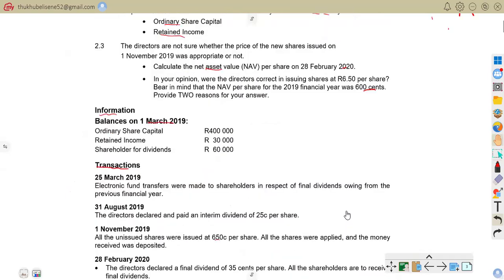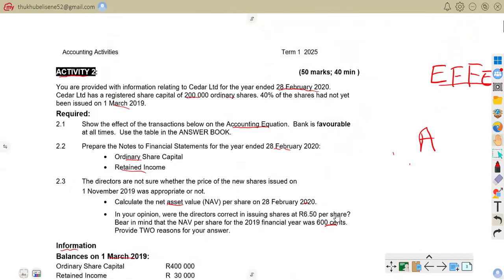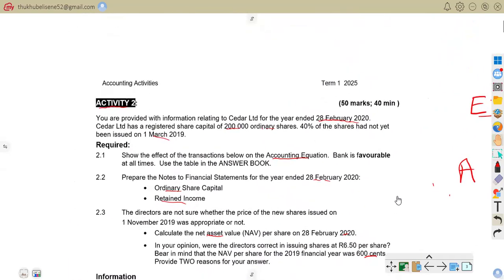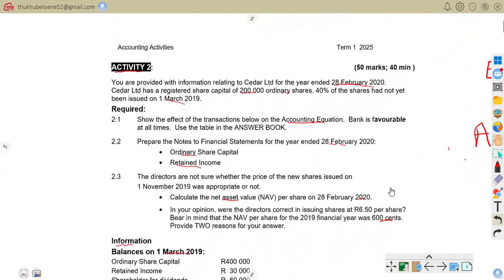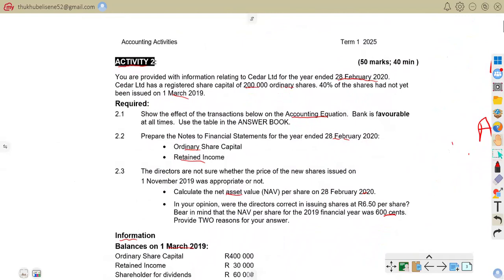So now let's go to the first question, 2.1. Before we can even get there, we are to know these terms, whereby we are going to talk about an authorized share capital.